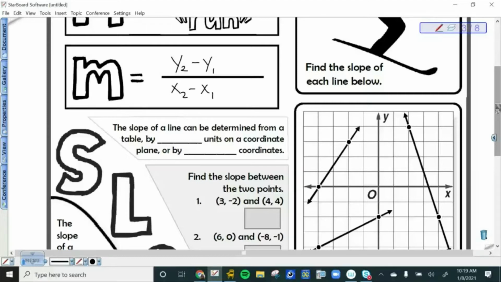We were counting the vertical change and dividing it by counting the horizontal change. So we can determine the slope of a line by counting units on a coordinate plane, or we can use this formula and subtract the coordinates, or find the difference.